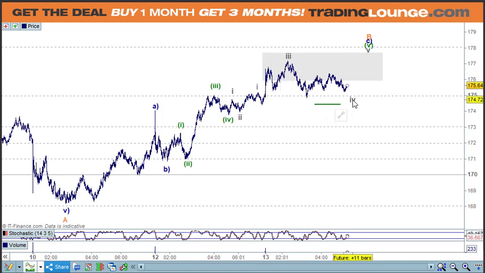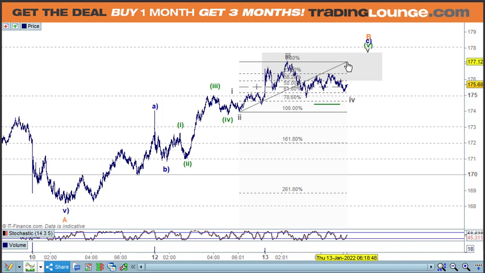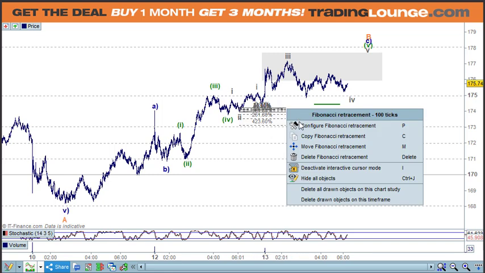But the 4th wave's come down. The 38.2% retracement level from that wave 2 low to coming down from wave 3 would probably be about here somewhere. So let's just check it out. It's come down too far, like 60%, so it's probably not the case.